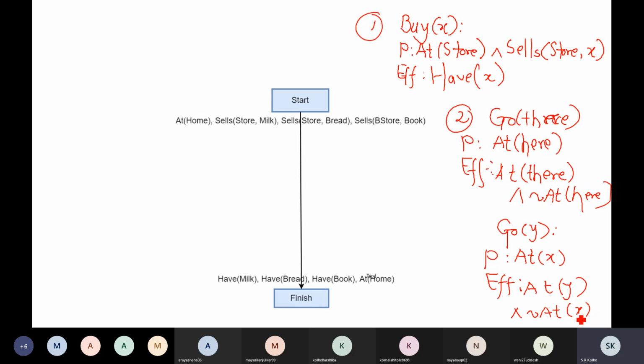Because we know that if the robot is at Y, that means it is not at X. But the system will not understand, so we added that predicate, not at X. So two actions are available with us to perform this transformation, buy X and go Y.